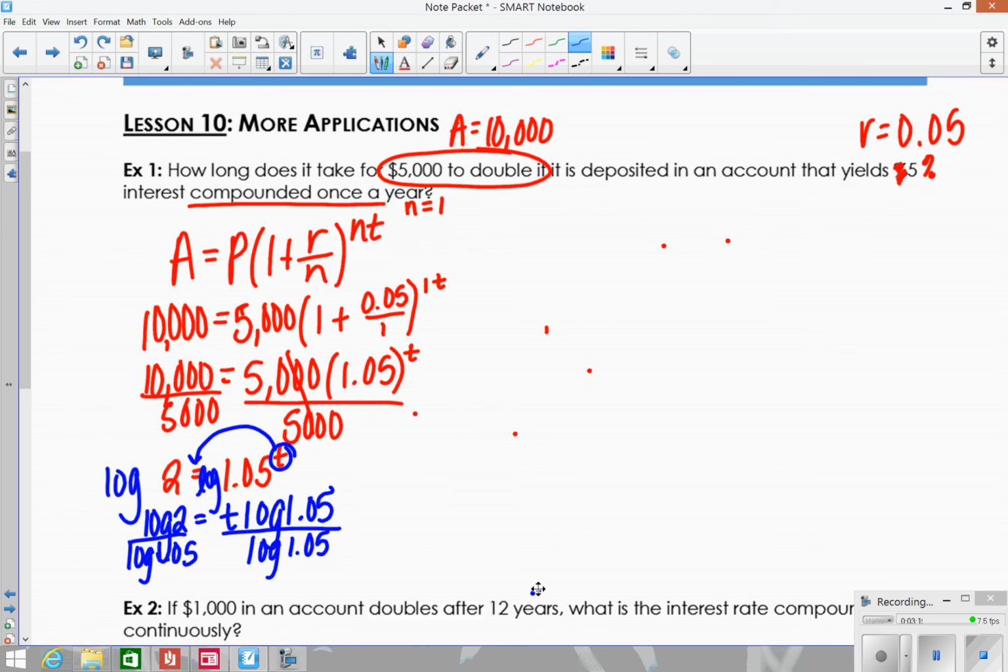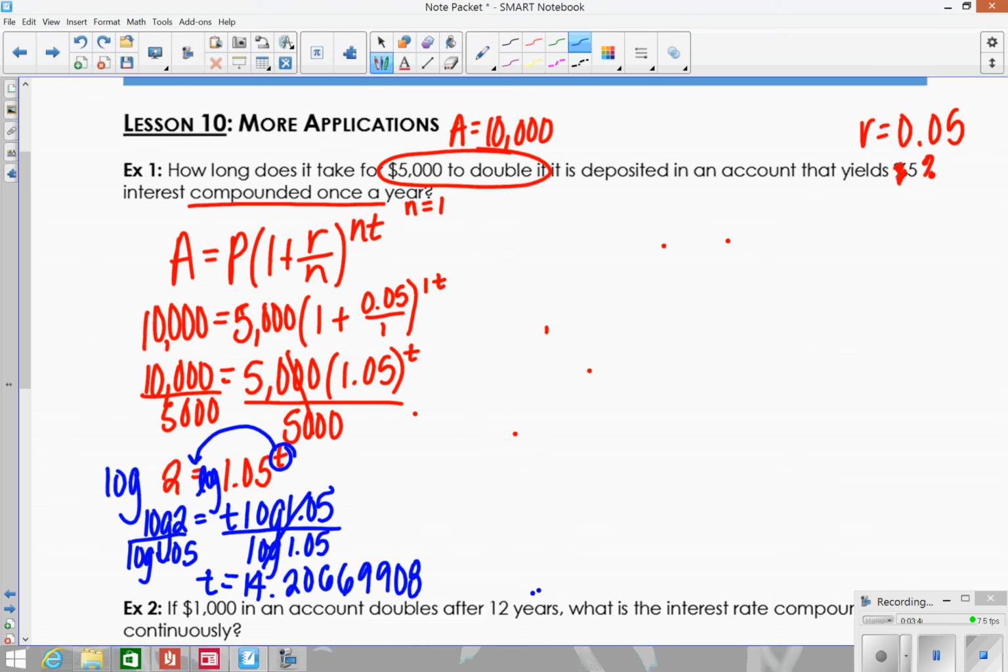Then these cancel, so t equals log of 2 divided by log of 1.05, which comes out to be like 14.20669908, something like that. So that tells me about 14.2 years.